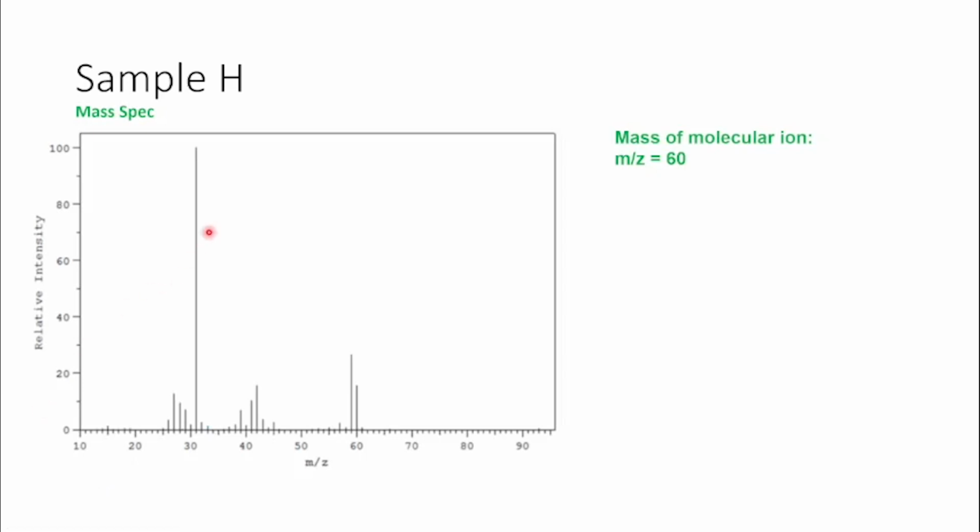The next thing I look at is the mass spectrum, particularly so I can pick out the mass of my molecular ion, which should help me identify the molecular formula I'm dealing with. As we know, we always go to the end of the spectrum, so the highest up we can get where there's a signal, because this is our molecular ion peak and will tell us the mass of the molecular ion, which is 60.